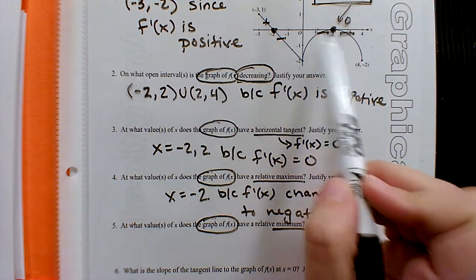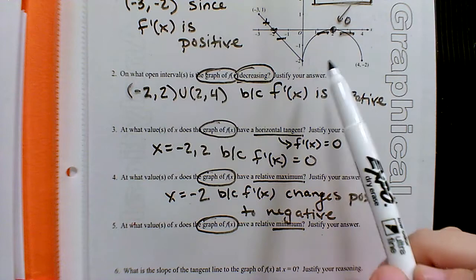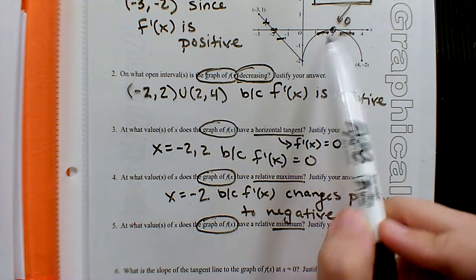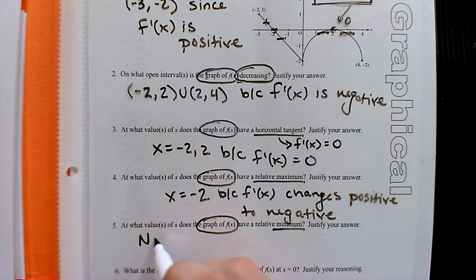We said these were our only options for maxes or mins, because that's where we had those horizontal tangents. So this one was clearly a maximum. This one, though, if there's no change, you're not going up to down or down to up. So this is actually not a max or a min.